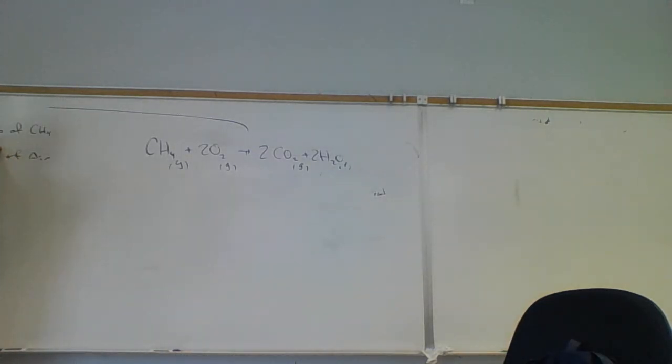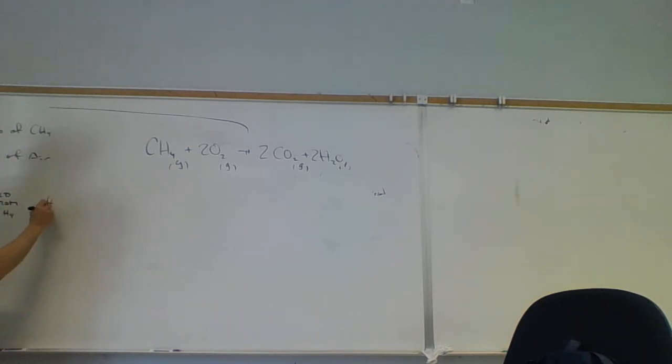So, assuming we have plenty of air, how much CO2 can I get from 4.2 pounds of methane? And so what I do is I do yield from methane first. With this much methane on hand, I should be able to form how much CO2.